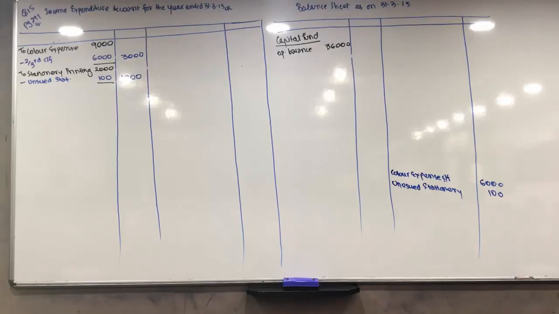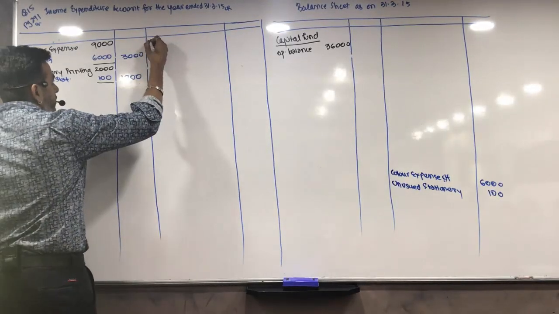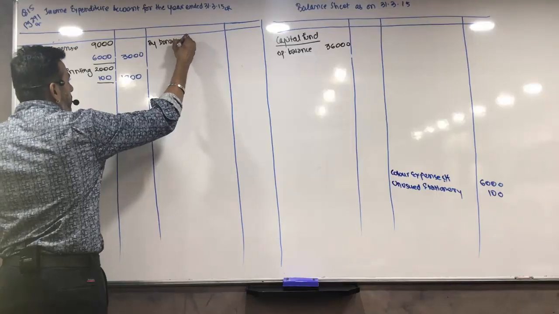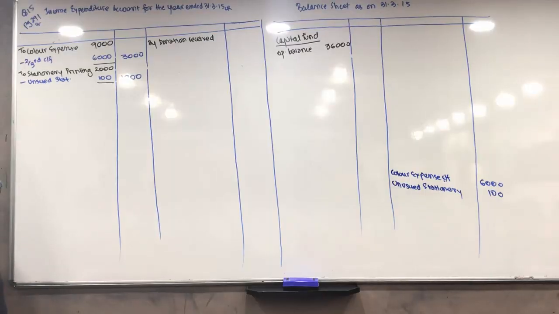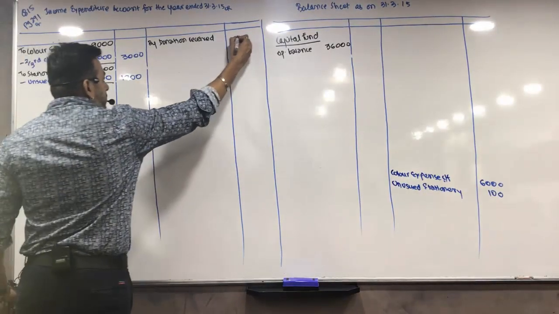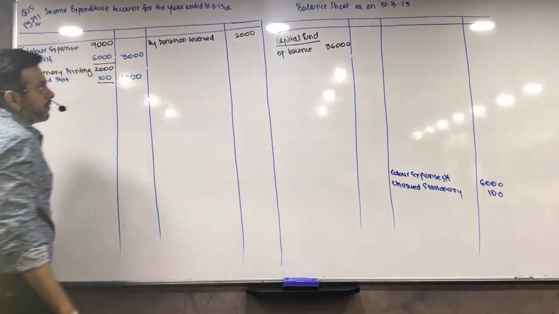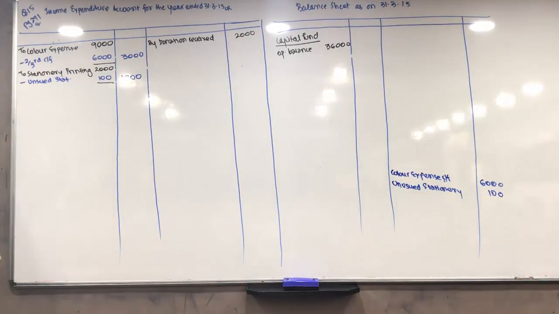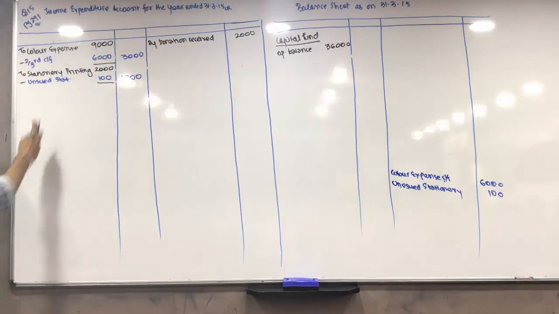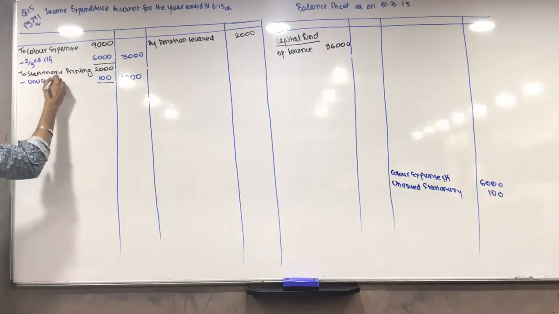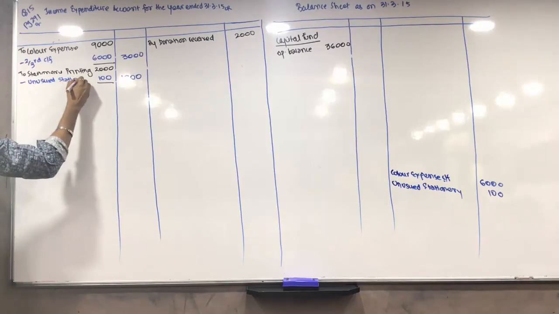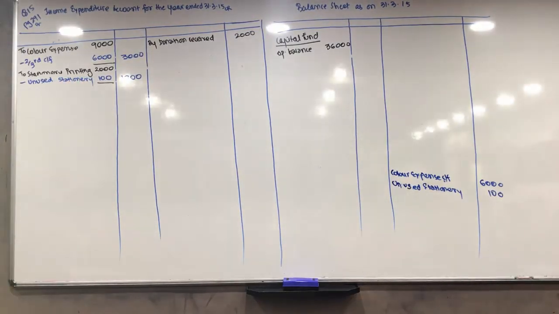Donation received, income over here, so by donation received 2,000. Okay, next. Cash balance 3,000, balance sheet asset.